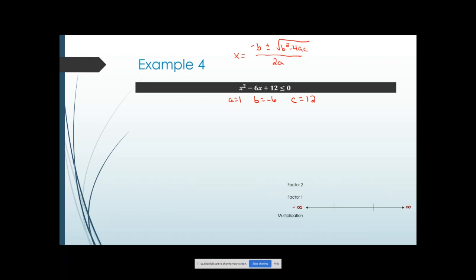Going through this math here, we have x equals negative b, which is negative 6. I always use parentheses when I use my negatives, plus or minus square root of b squared, so that's negative 6 squared, minus 4 times 1 times 12, over 2 times 1. I'm going to grab my calculator.